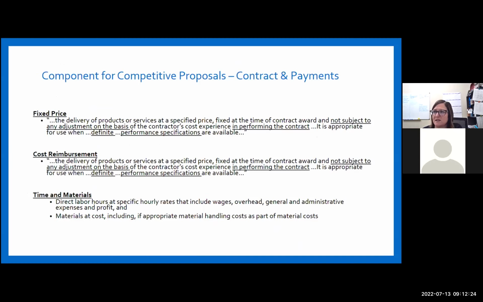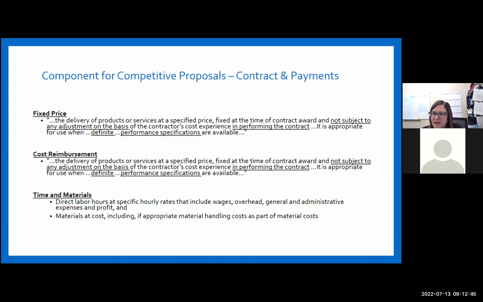So fixed price: the delivery of products and services at a specified price, fixed at the time of contract and not subject to any adjustment on the basis of contractor's cost experience in performing the contract. It is appropriate for use when definite performance specifications are available.